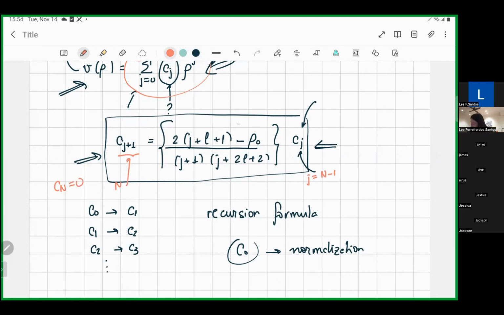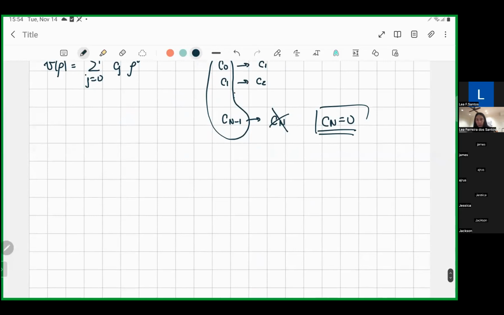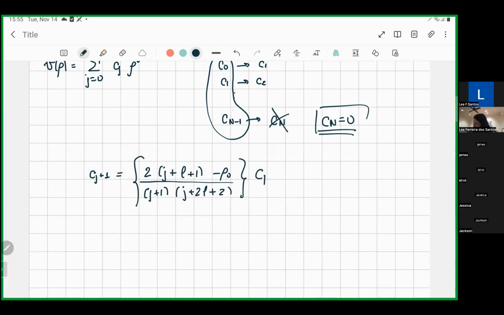So I come to this equation and write what I just said. Maybe I will write this equation again so you understand what I'm doing. Cj plus 1 equals 2j plus L plus 1 minus rho 0, over j plus 1 times j plus 2L plus 2. What we said is, I'm going to put here j equals n minus 1.